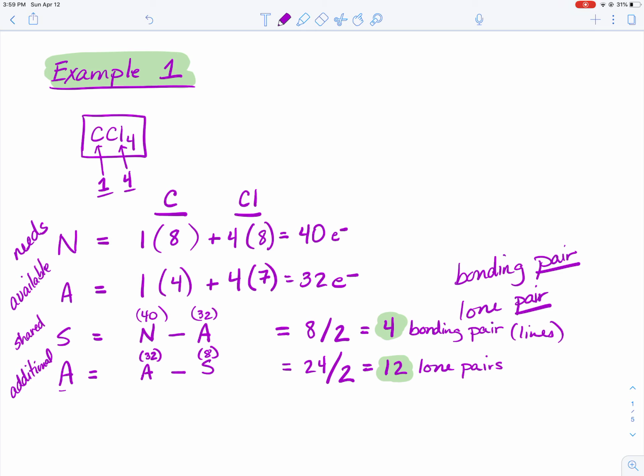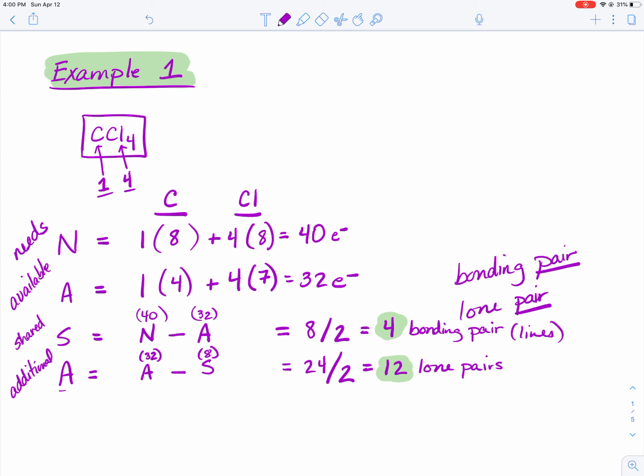So to draw this structure, you want to keep a couple of things in mind. Typically, I'm going to give you a structure where you'll have a single element with a bunch of other elements. We're going to need to draw something that connects all of these elements together in what we call the skeletal structure. If you have an element that's by itself, like you do here for the carbon, then that's going to be what we call our center atom.